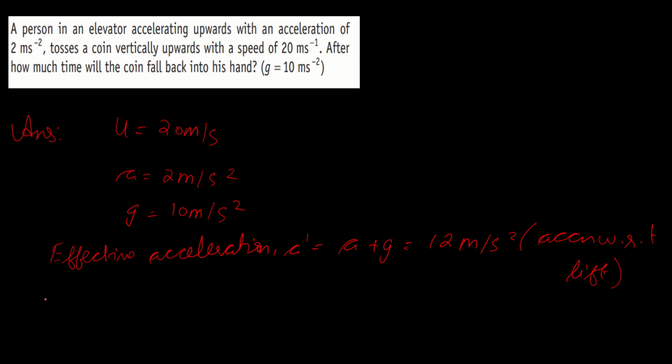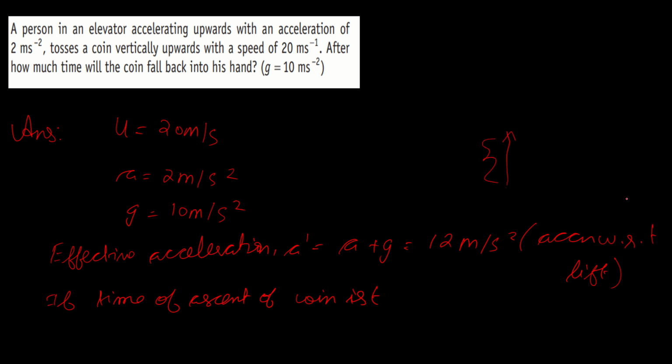If the time of ascent of the coin is t, time of ascent means I'm flipping a coin and it goes upwards, and that is called time of ascent.